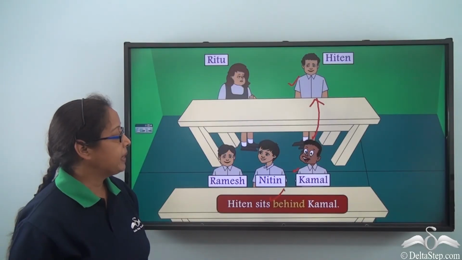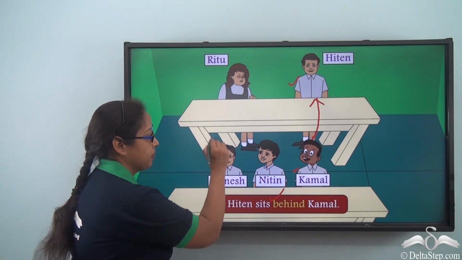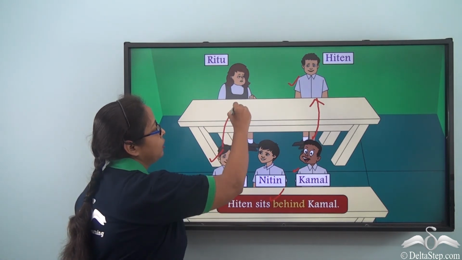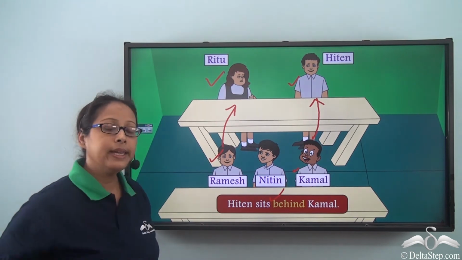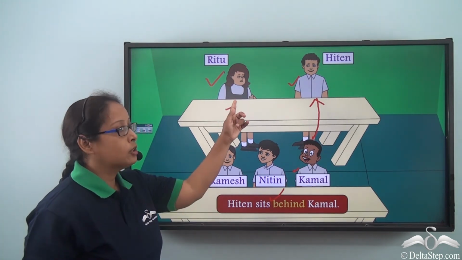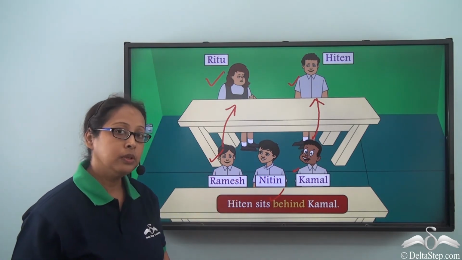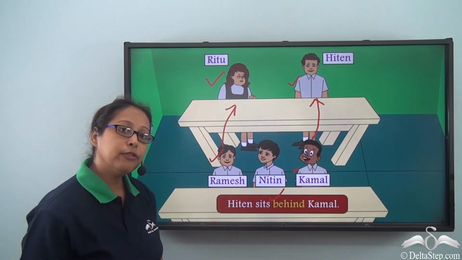Who is sitting behind Ramesh? Here is Ramesh, and right behind Ramesh, who do we have? It is Ritu. So I can say that Ritu sits behind Ramesh. That would be the correct answer. She's sitting at the back of Ramesh.